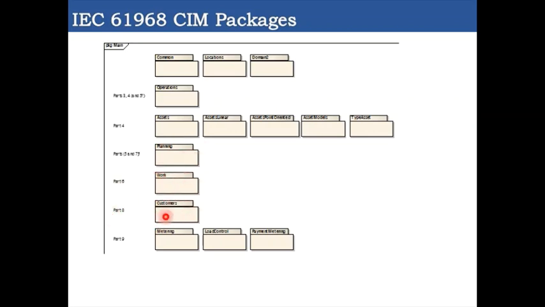Part 8 relates to customers. Part 9 relates to metering, load control and payment metering related activities. So corresponding to individual activities, we will have corresponding folders, and when we further explore those folders, we will get the required profiles as well as the classes.